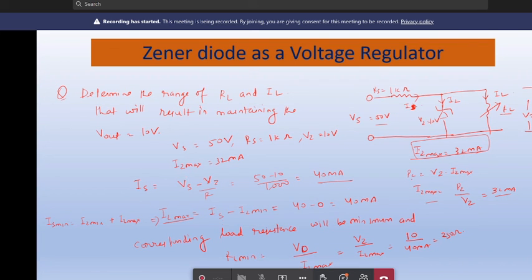Since IZ max is given to you as 32 milliampere, you can calculate IS min. IS min is IZ min plus IL max. So what is IL max? IL max is IS minus IZ min, because IS is not varying; the supply voltage is fixed, so IS is constant, right?